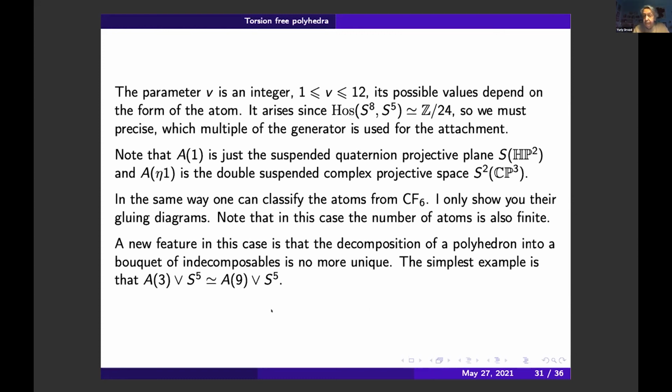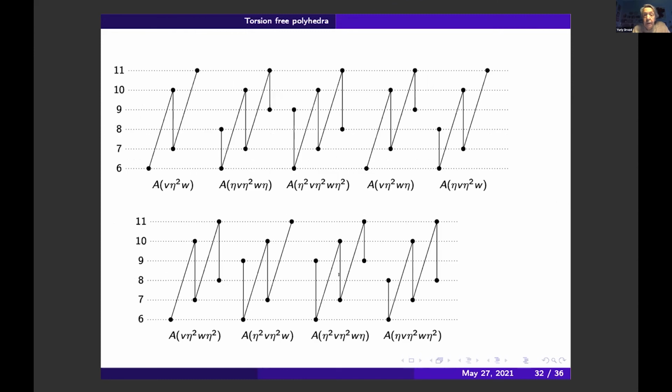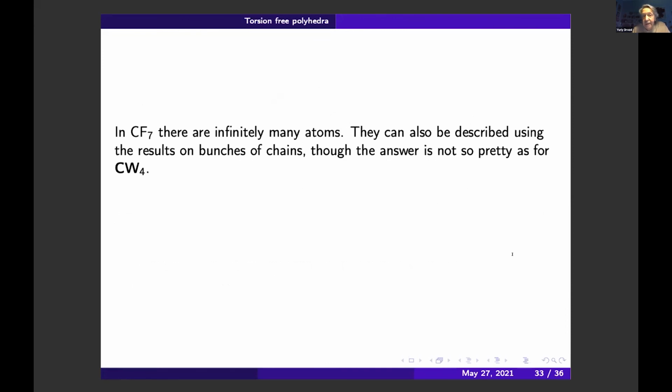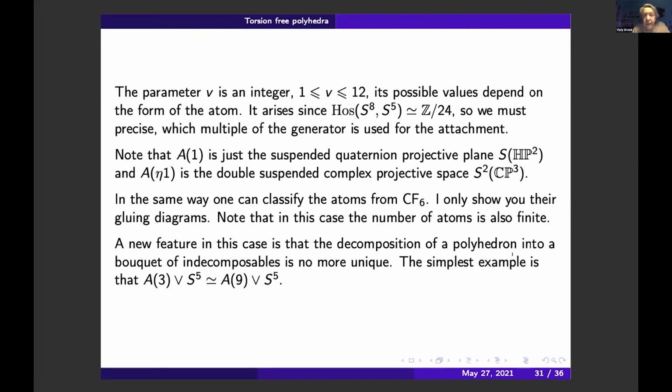They become homotopy equivalent. This is the same for n equals 6. Also, in CF7, there are finitely many atoms.